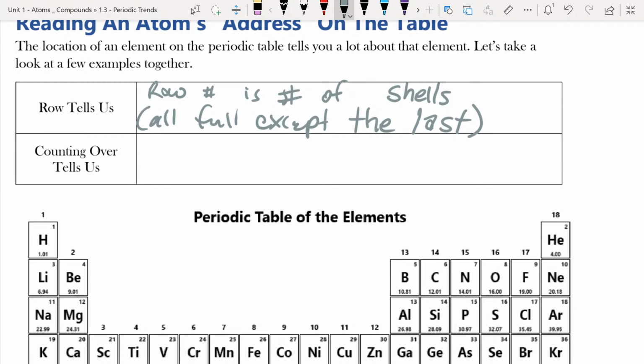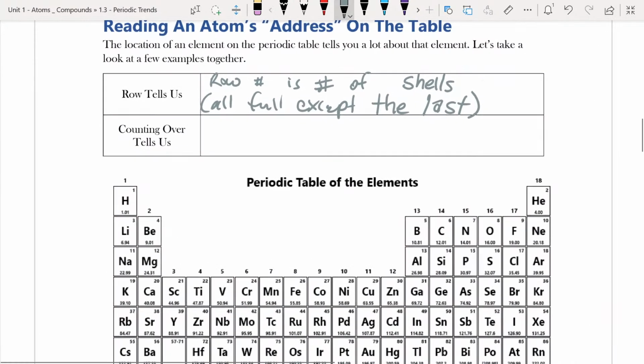I already know this. I have a degree in it. I want to make sure it makes sense to you. So how do you explain to yourself that I know that magnesium must have how many shells? How many shells does magnesium have? 3. How do you know it had 3? Because it's in the 3rd row.